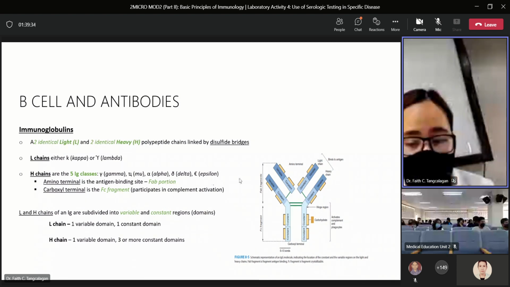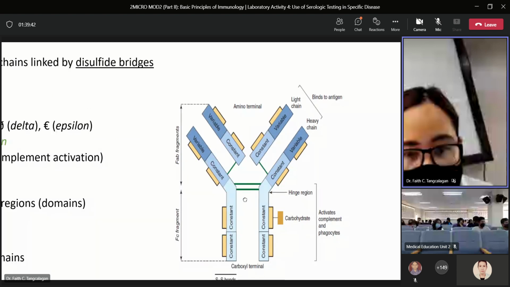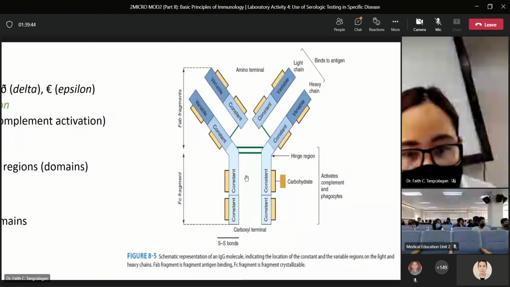Can you see the slide, the picture? This is an example of the anatomical structure of your immunoglobulin. It is composed of light chains, which is this one, two light chains, and two heavy chains.